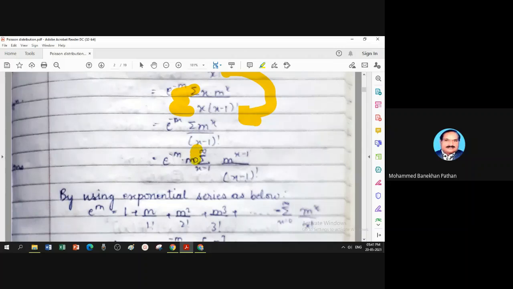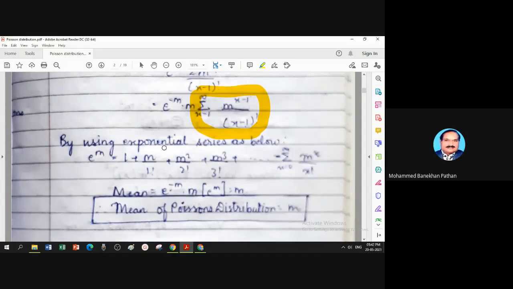Now, this is exactly your exponential series. The power of the constant is in the denominator as a factorial. So the answer of this is e raised to m, by using the exponential series as below. What I quoted in the remark, I have written here again. So by this result, the answer of this yellow circle is e raised to m.